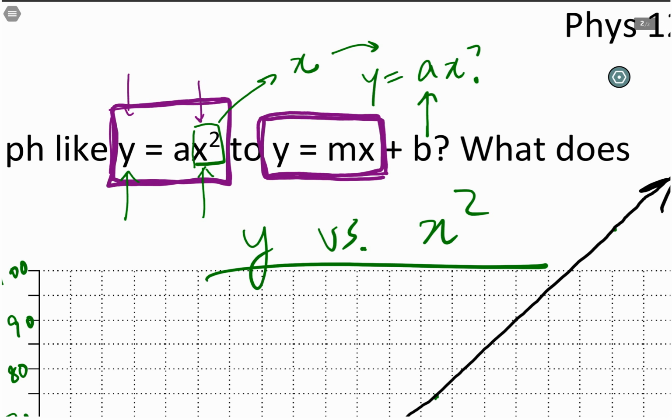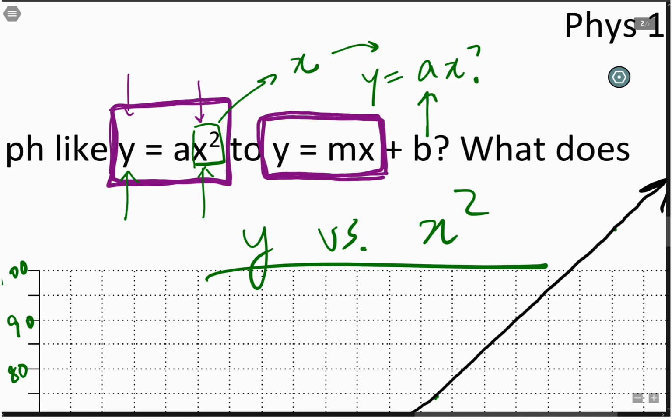If you're thinking that a should indeed be m, because our two equations look very similar, this m is in the same position as your a. The reason why this works is that you graphed x squared and treated that as your x-axis instead of just your x. Notice how you dealt with it using the exponent, taking your x values to the exponent that you see in the equation.